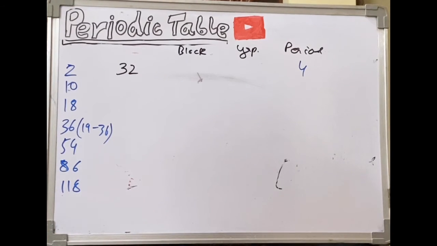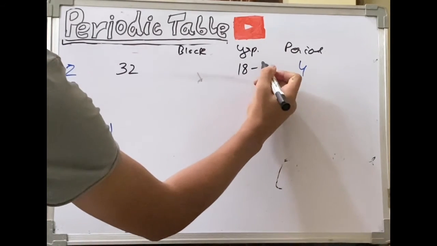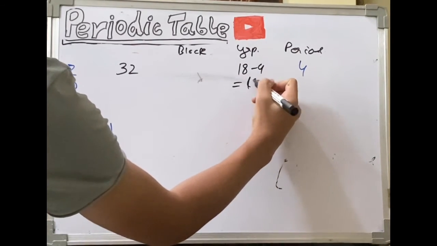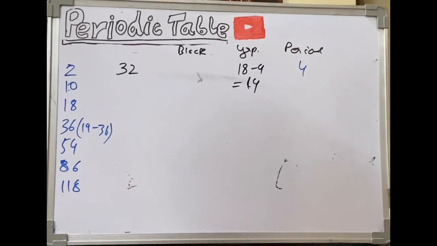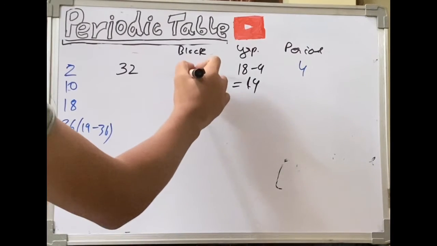So it is 4 groups away from the noble group, that is 18. So the group will be 18 minus 4, that is 14. And the block is quite obvious, it lies in group 14, so it will be p block.